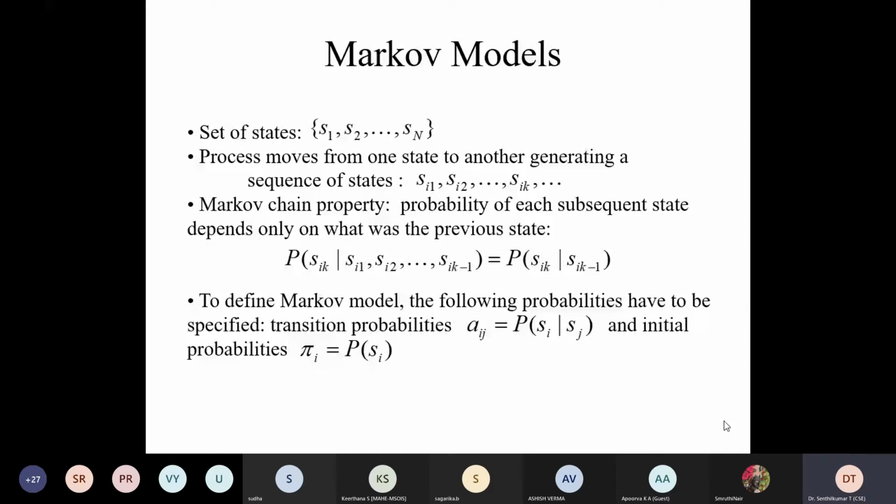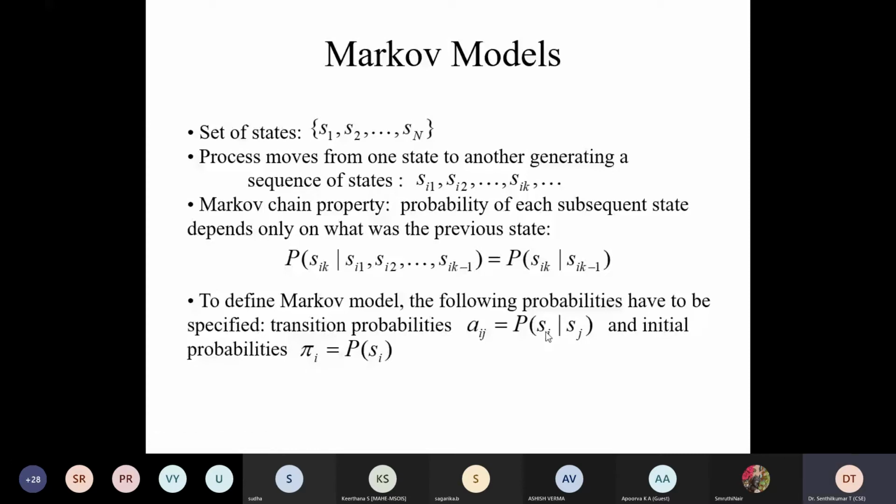The Markov chain property is that the probability of a given state is dependent on other states, which can be the states in the same feature set. We need two probabilities: the transition probability and the initial probability.